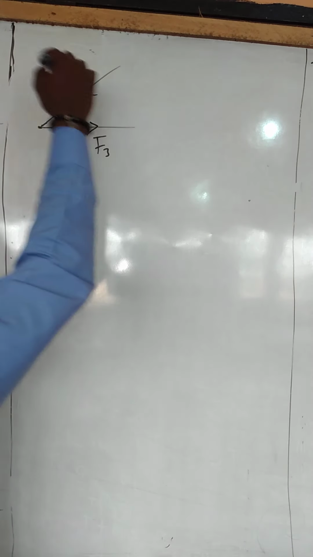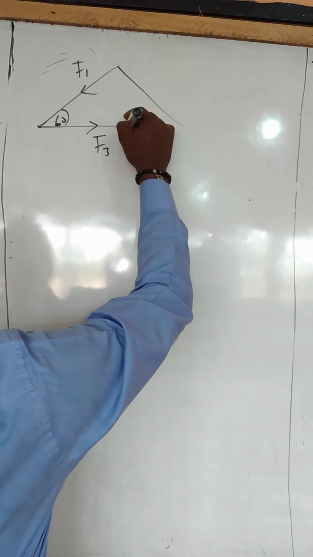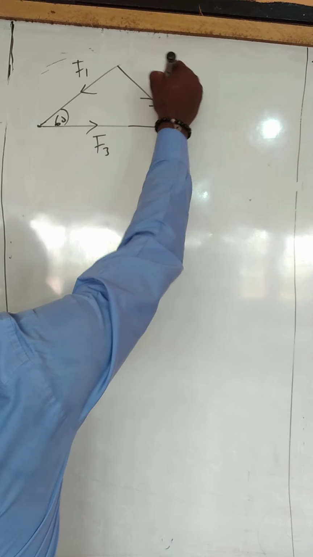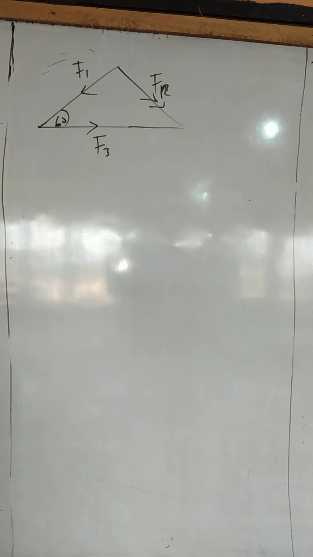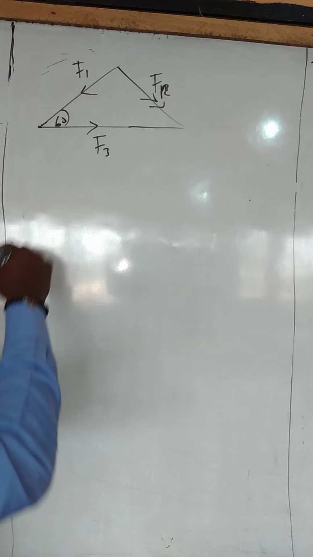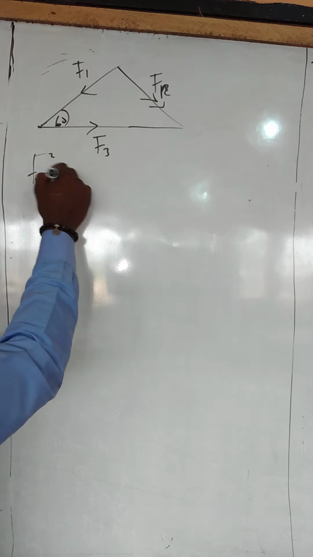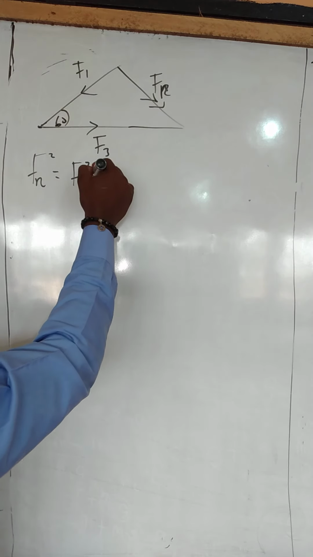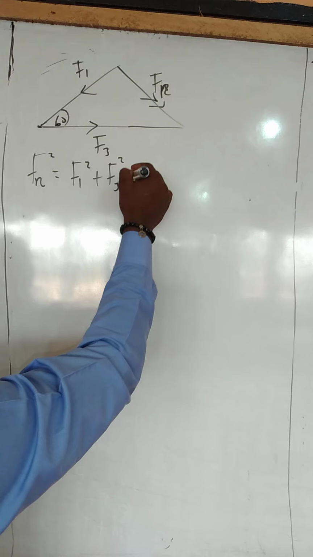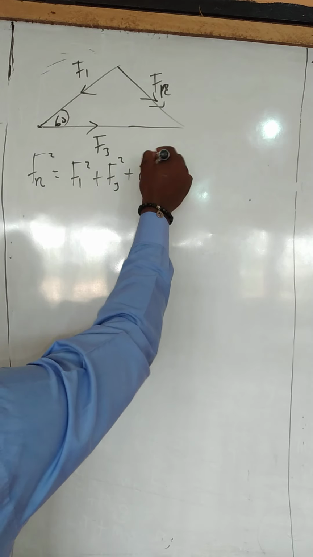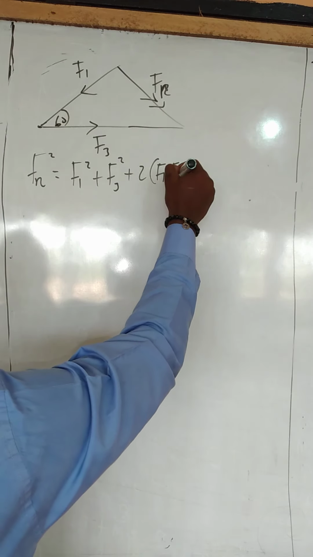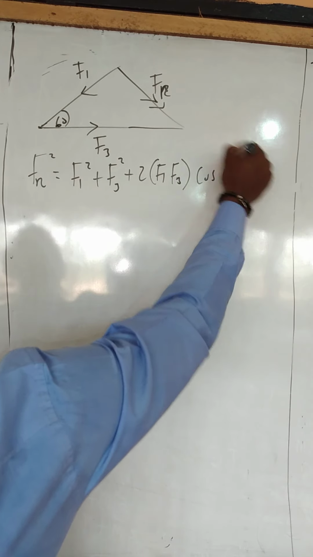Since this is coming here and this is also going this way, we can draw a resultant to meet this so that this becomes F of R, which represents the magnitude of the resultant force. In doing that, we know that F of R squared should be equal to F1 squared plus F3 squared plus 2 F1 F3 cos of 60 degrees.